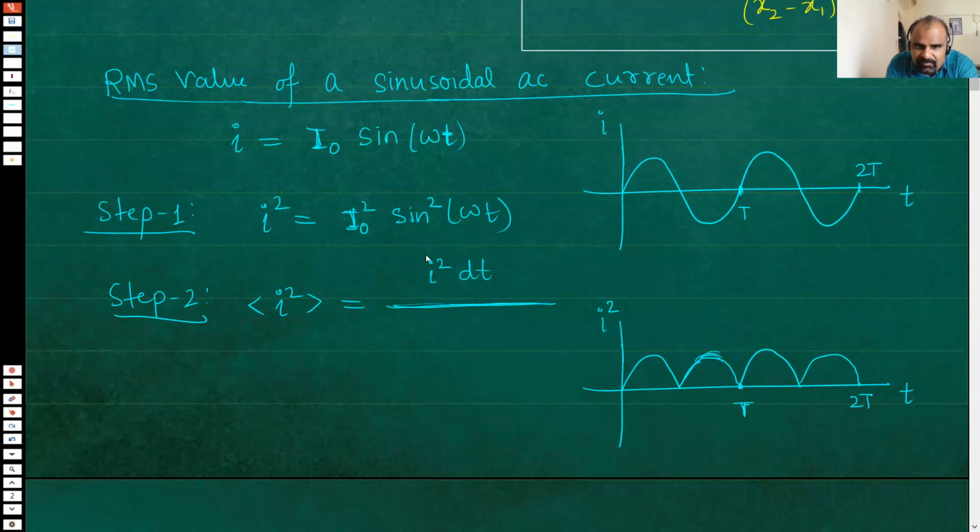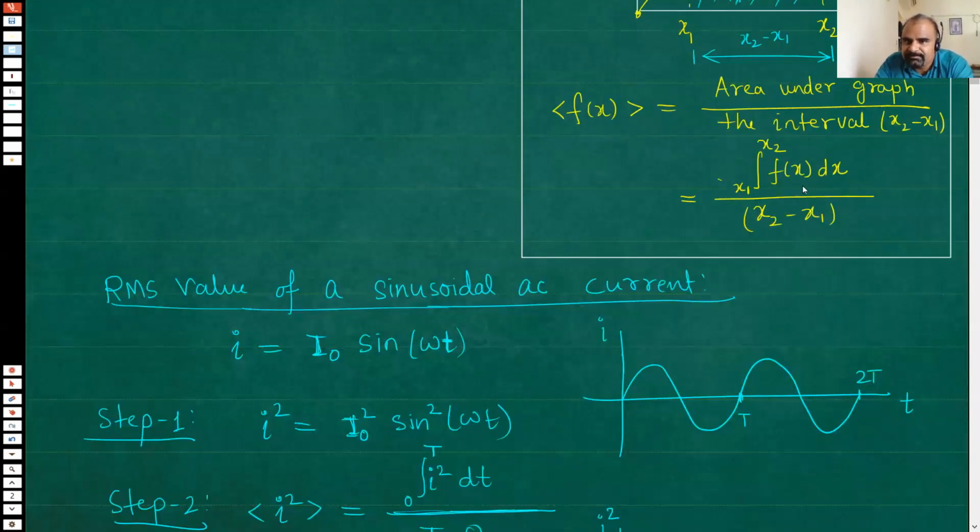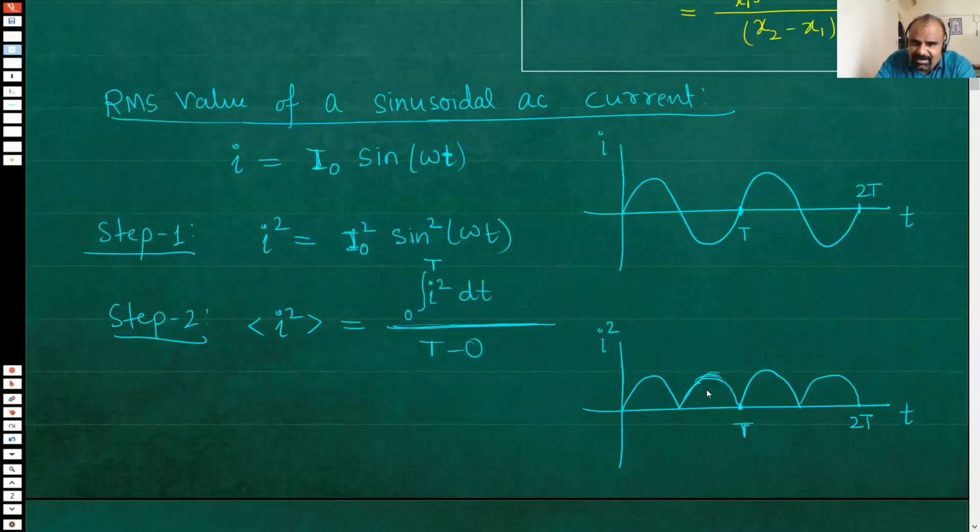We will integrate it from 0 to capital T and divide it by capital T minus 0. This is exactly what I wrote here. To find the average of a function, you integrate it from x1 to x2 and divide by the same interval x2 minus x1. So here we want to find the average from 0 to T.